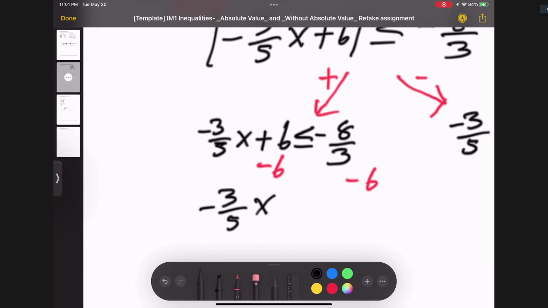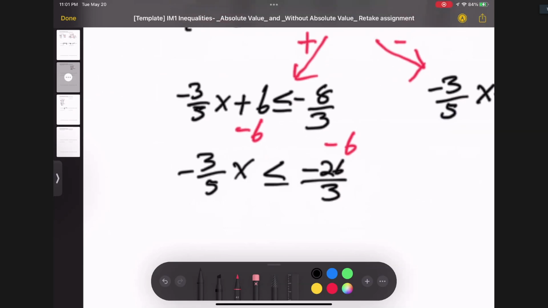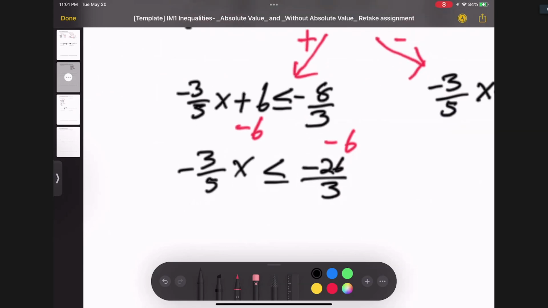Then I would need to simplify it a little bit further, 18 minus 8, that's going to be -26/3. Again, not the prettiest numbers, sorry for this situation, but just trying to teach you. Doesn't matter, you're going to get the exact same result.